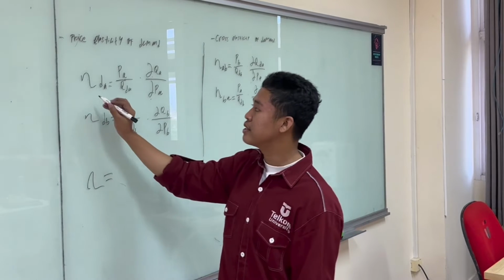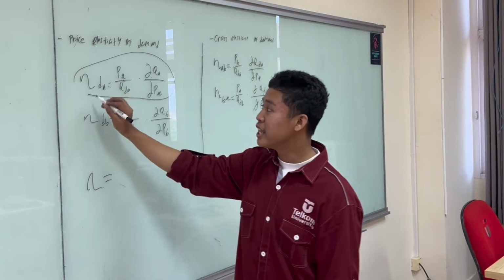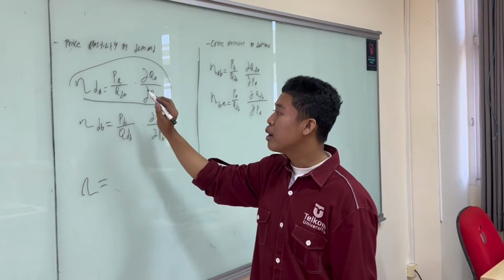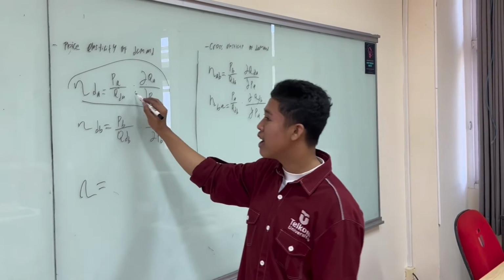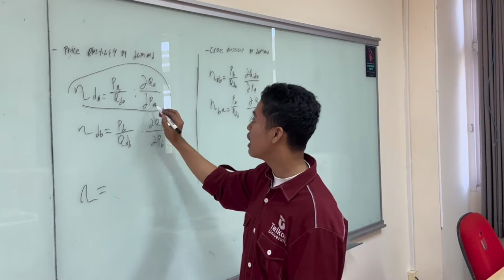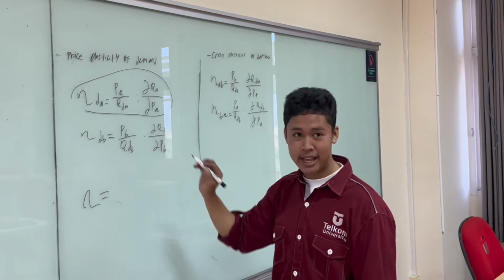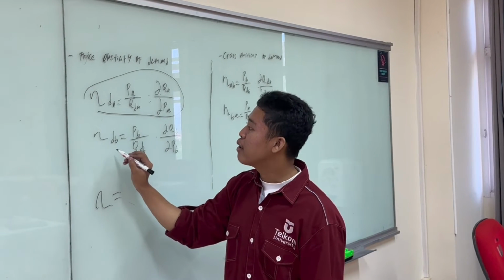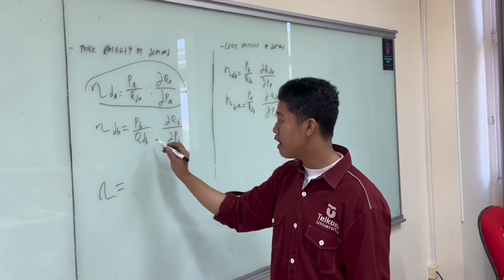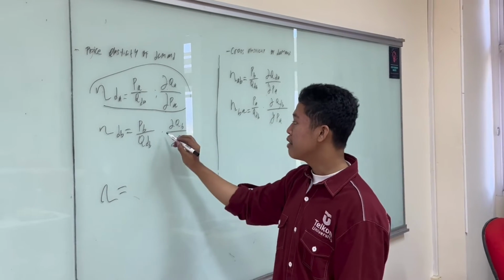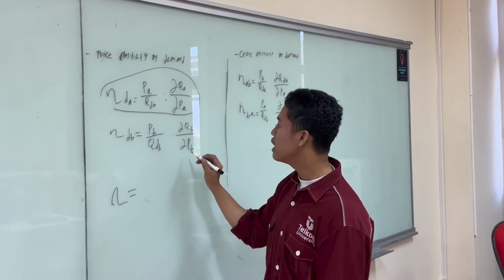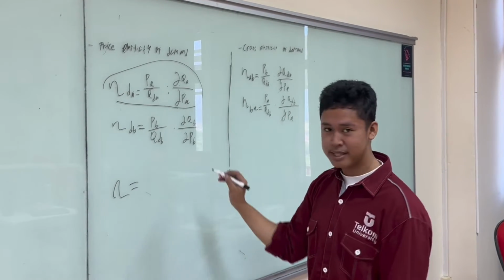As you can see here, nu demand A is price A divided by quantity demand A, multiplied by the derivative of quantity A divided by the derivative of price A. And for nu demand B, it is price B divided by quantity demand B, multiplied by the derivative of quantity B divided by the derivative of price B.